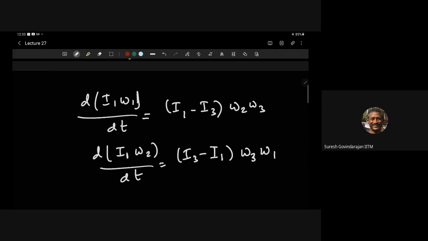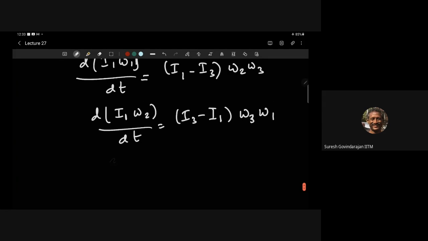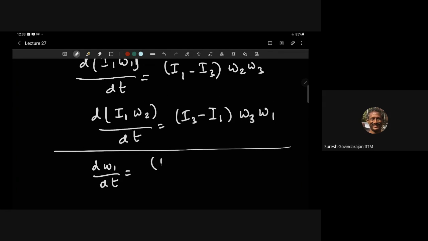So we can simplify things: d omega 1/dt equals (I1 minus I3)/I1 times omega 2 omega 3, and remember omega 3 is a constant.